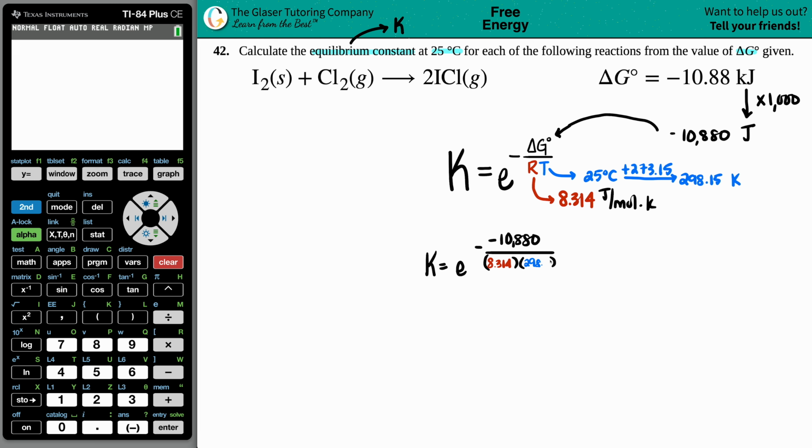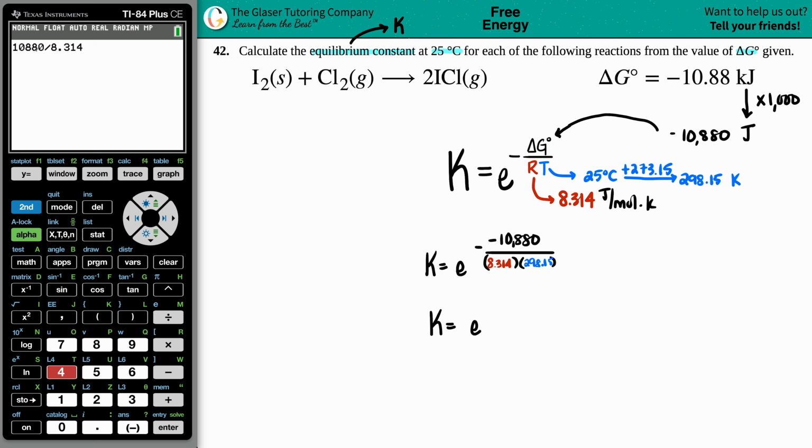That's good enough. First thing that I would do is I would clean this up to get it to just one number that I'm going to raise the e value to. So let's go for it. K equals e raised to the negative times a negative is a positive. So I'm not even going to bother writing in those negatives. I'm just going to take the 10,880 and divide it by 8.314.